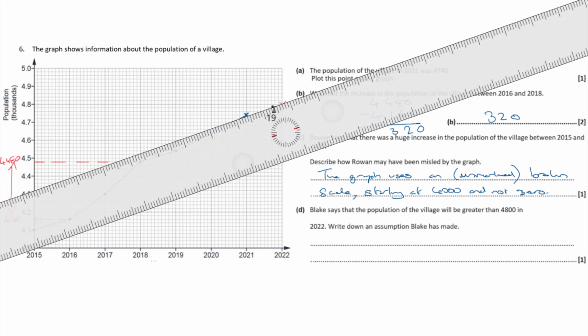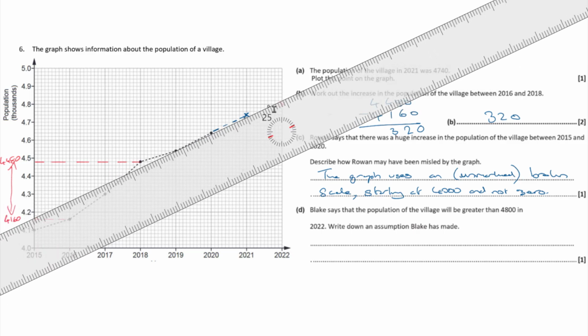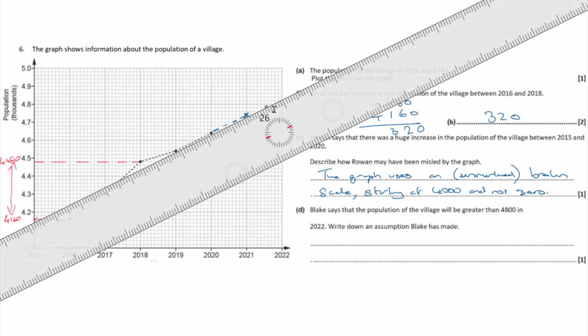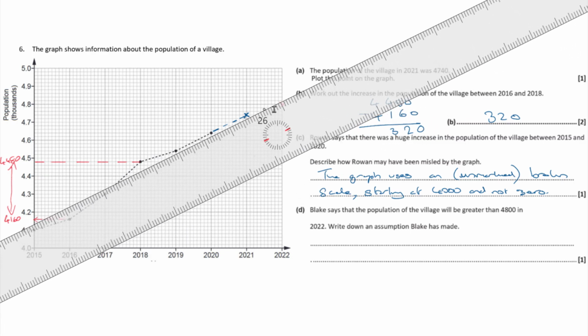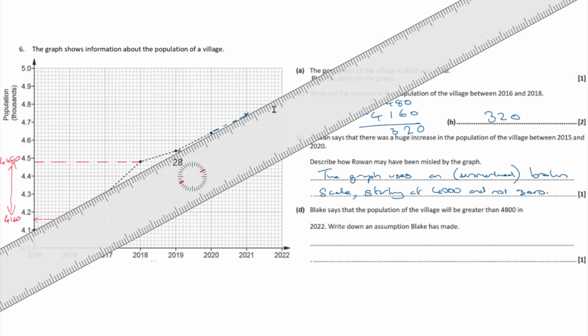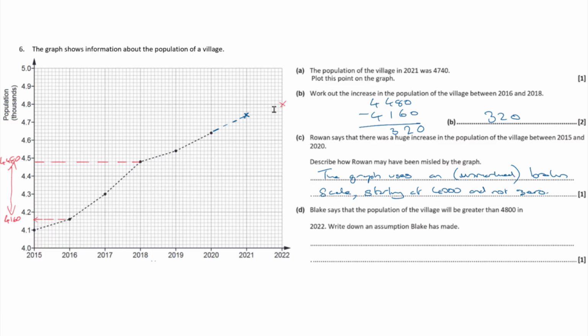Well, I guess he's expecting it to carry on in the same way as it has for the last couple of years, or the general trend line. If you look from 2015 up to 2021 and draw a line, it's going to go above 4,800 as long as it carries on the same way. So he's assumed that population growth will remain constant.